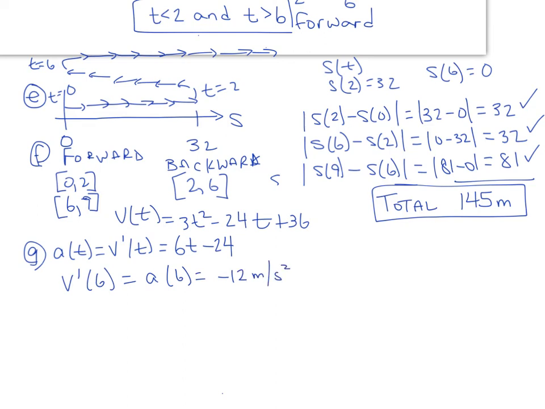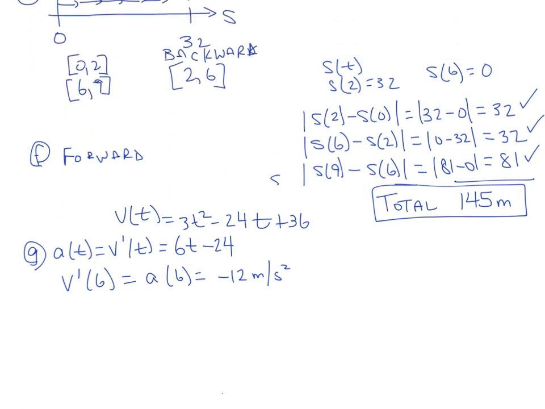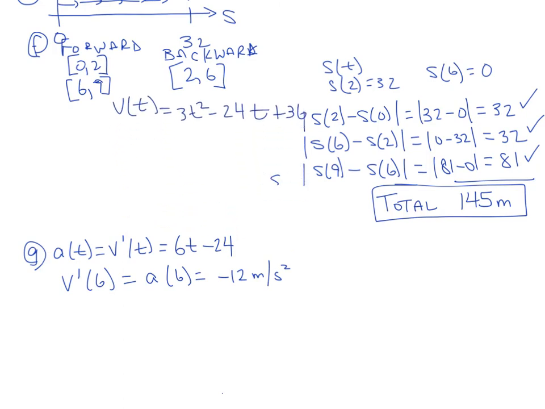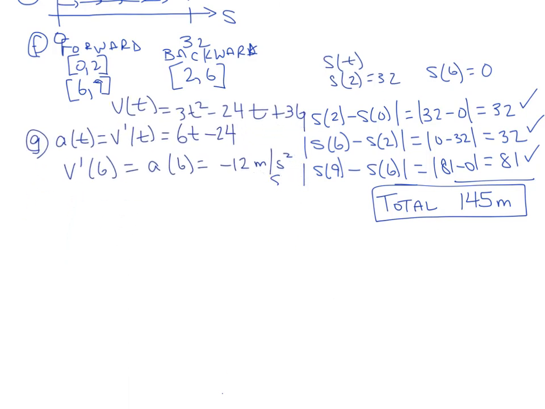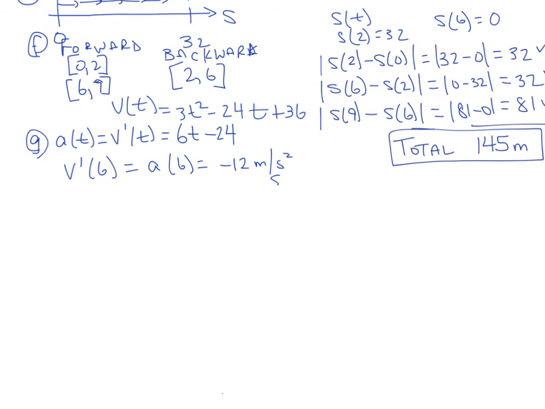All right, so we can now move on to part H. Let me move again. All this stuff up, out of the way, forward, backward, all these things. And part H says we have to graph the position, velocity, and acceleration from 0 to 10.